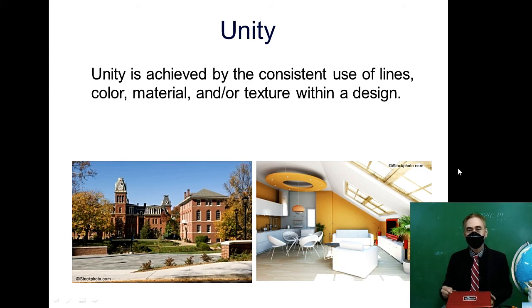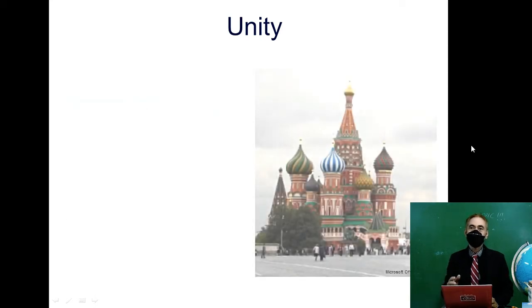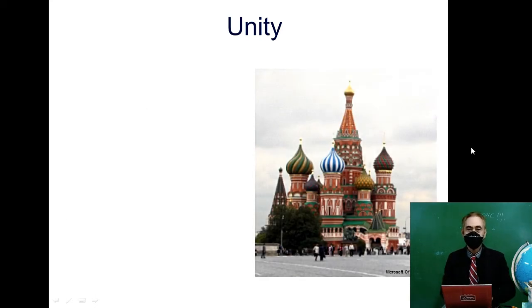Unity is achieved by the consistent use of lines, color, material, and or texture within a design. Okay, so unity. There is unity even though the towers of this church have different sizes.